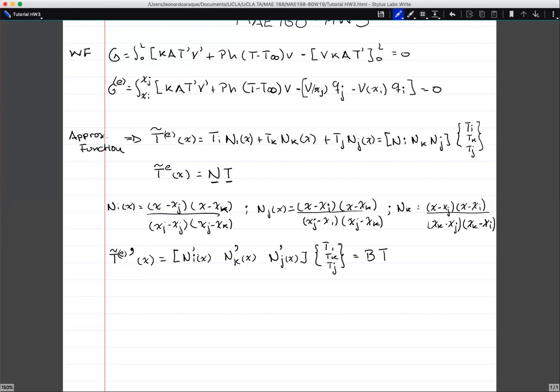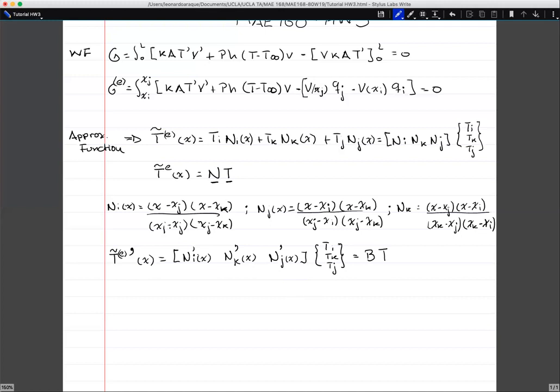This vector B represents the derivatives of the shape functions, and this term will be seen later in the reformulation of the weak form for the element.